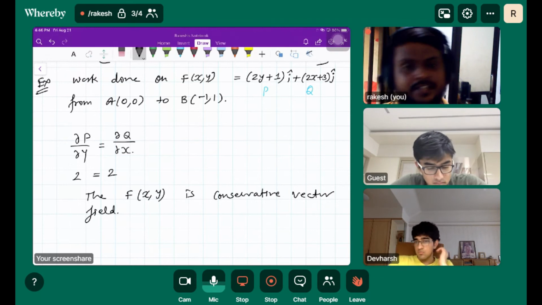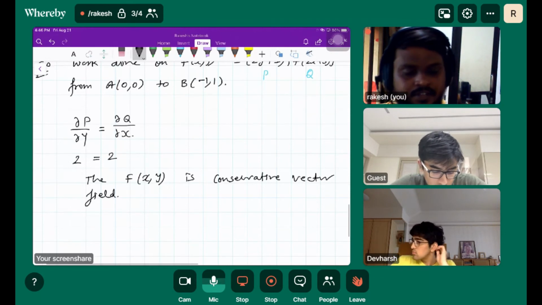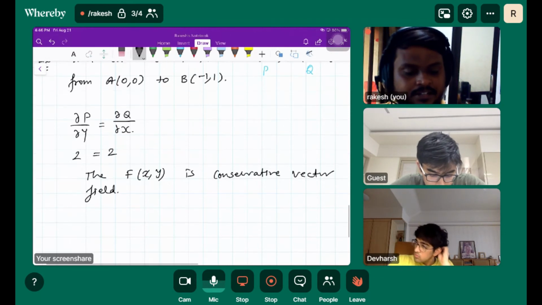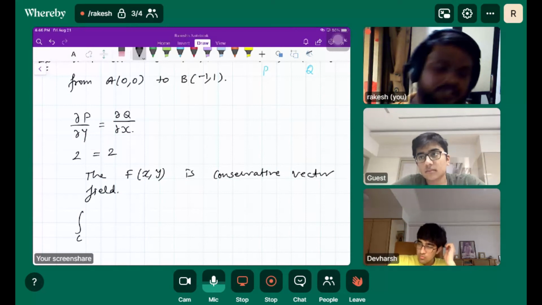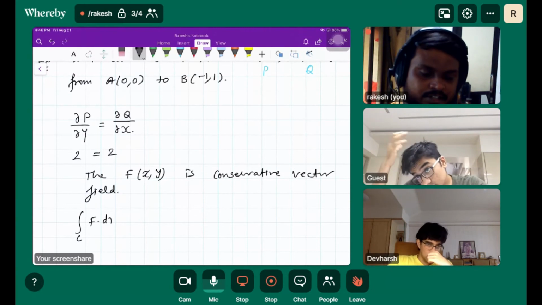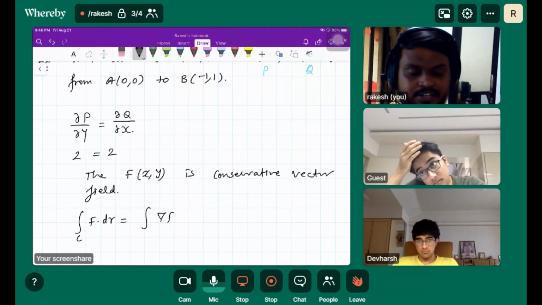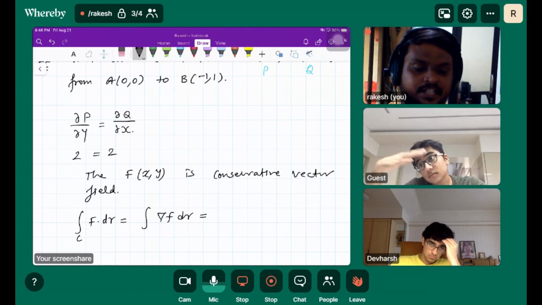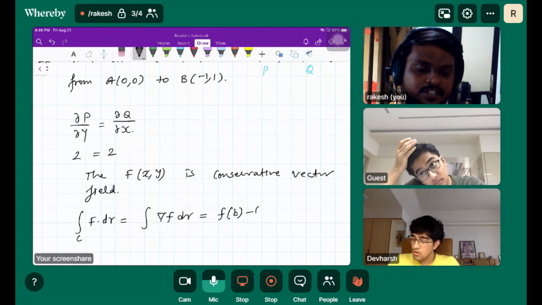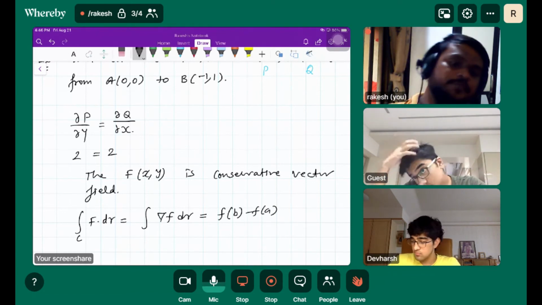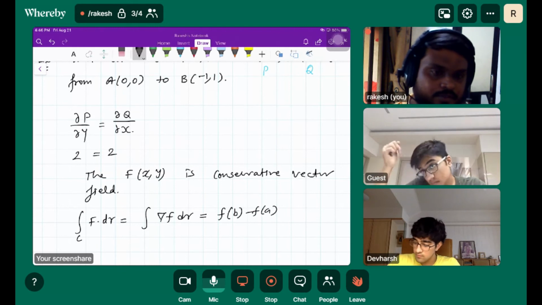If it is a conservative vector field, our line integral becomes path independent, meaning instead of this I can write del f dr, and that is nothing but f of b minus f of a, where a and b are the endpoints.